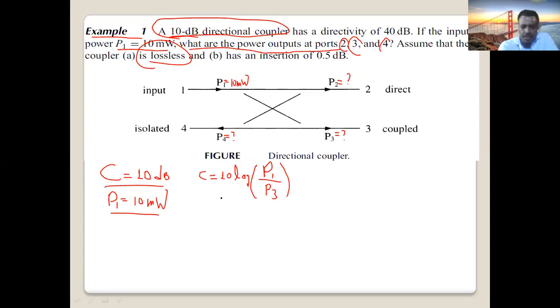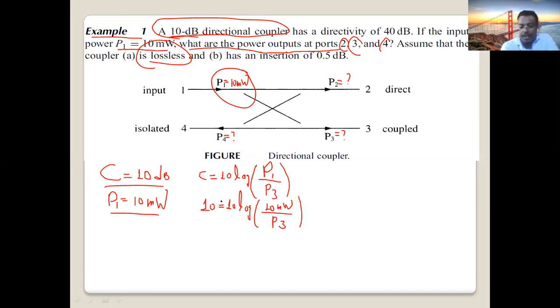So let's see. How much is C? This coupler has C of 10 dB. C is given. 10 dB is equal to 10 logarithm of, okay, how much is P1? P1 is 10 milliwatt. Here we apply 10 milliwatt input power, divided by P3.